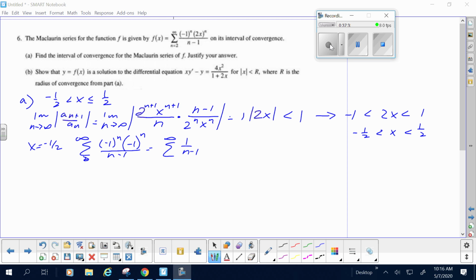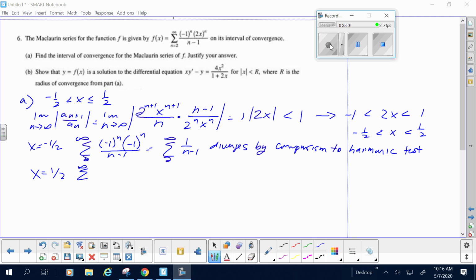And as far as my work, I said that diverges by comparison to the harmonic series. You could prove that, and if I had time on the AP test I would go back and prove that, but I would save this, move on to something else, and come back to it with time.